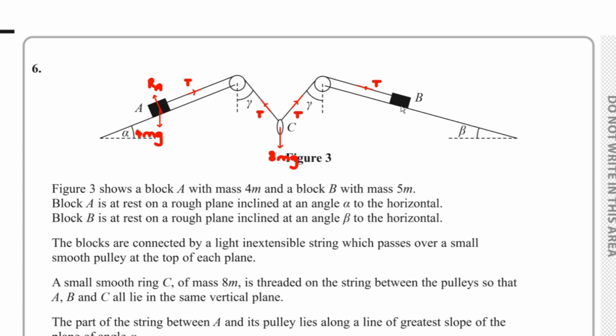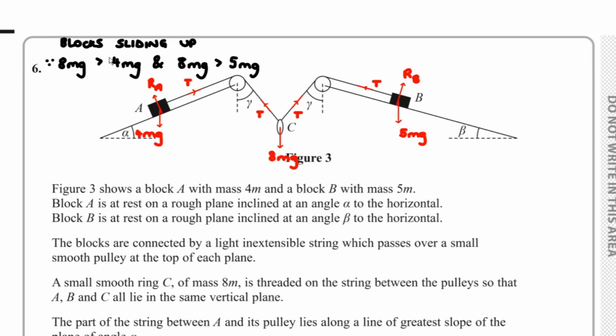And if we take a look at B, we've got the tension going up, the reaction force RB, and the weight 5mg. Now the blocks are sliding up, and that's because this AMG is greater than the 4mg, and the AMG is also greater than the 5mg. And we know that the planes are rough, which means here we've got a friction force FA going down, and here we've got a friction force FB also going down.